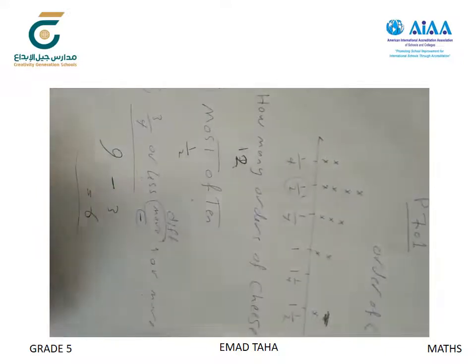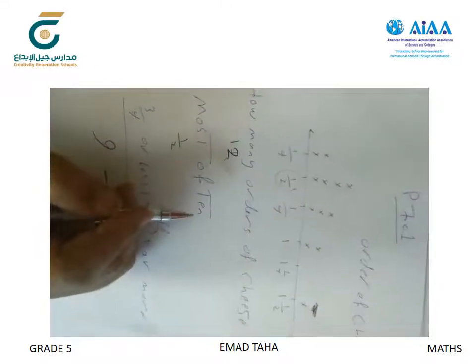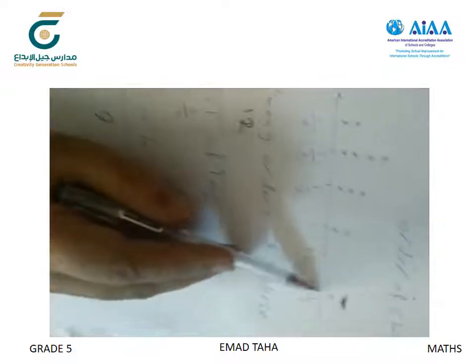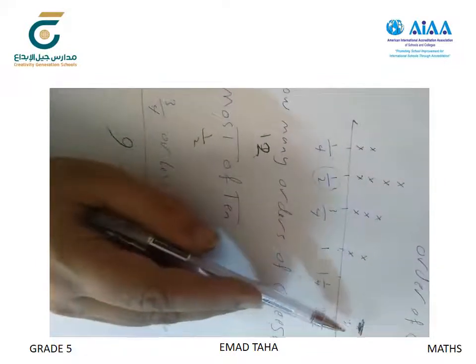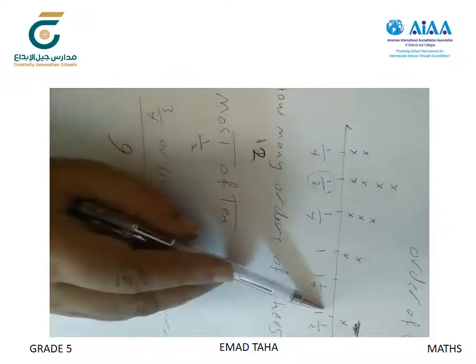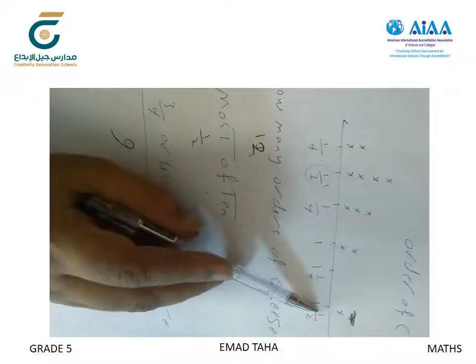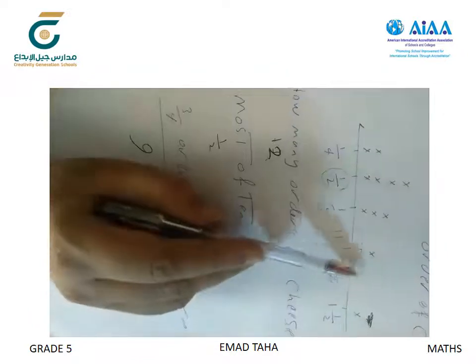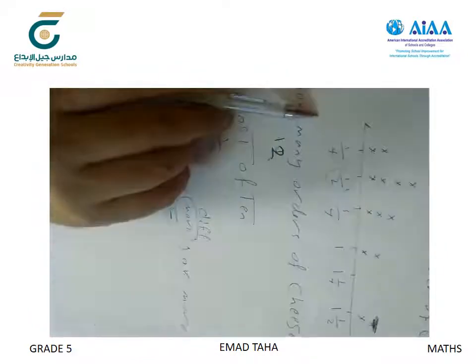Okay, if he asks about the outlier, it's a number different from the other numbers. Look here, 1.5, far from the other numbers at 1 over 4 to 1. So 1.5 is the outlier. Maybe the data hasn't any outlier. If there is a number here, then there is no outlier.